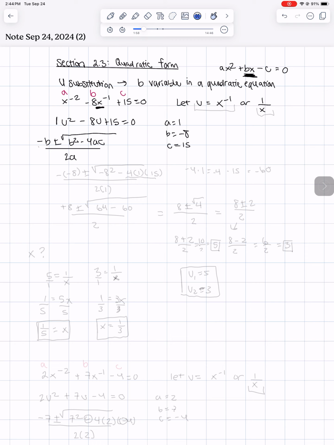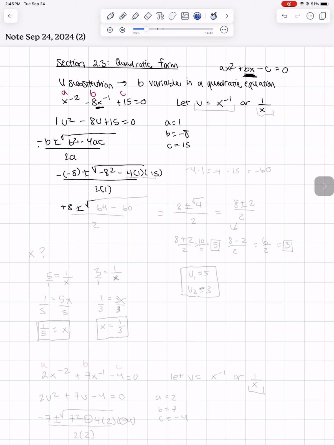So my B is negative 8, so I have to make sure, because remember in the equation we have a negative, so we have to put negative 8 plus or minus the square root of negative 8 squared minus 4AC over 2 times A. So A is just 1. Now, if I have two negatives, I have a positive. So that means I'm going to get plus 8 here.